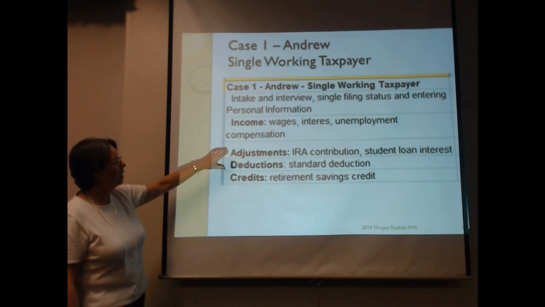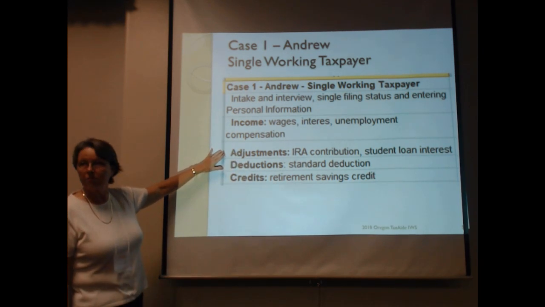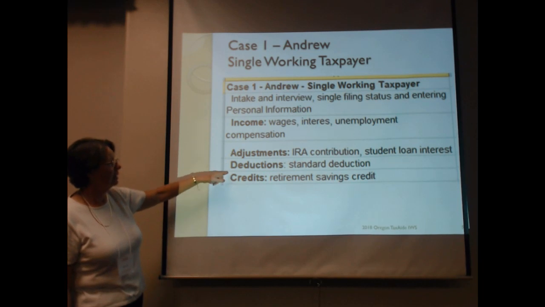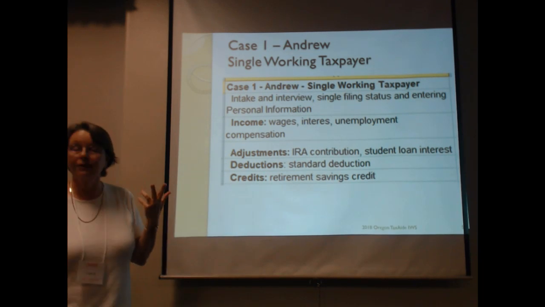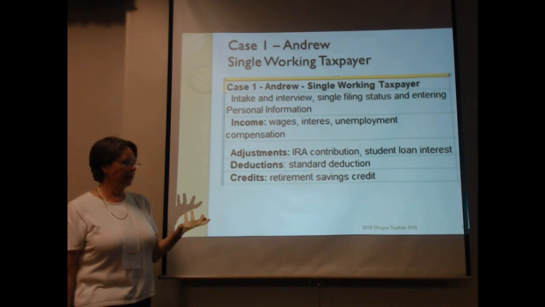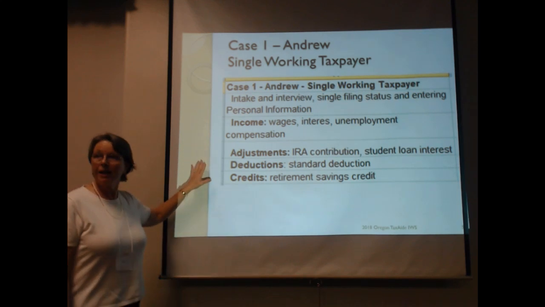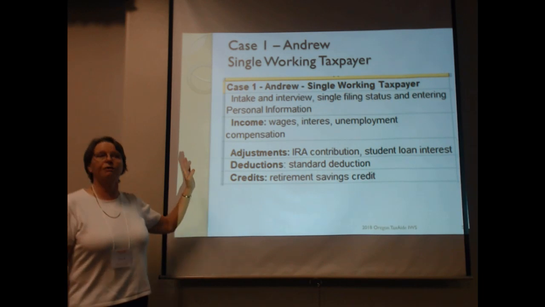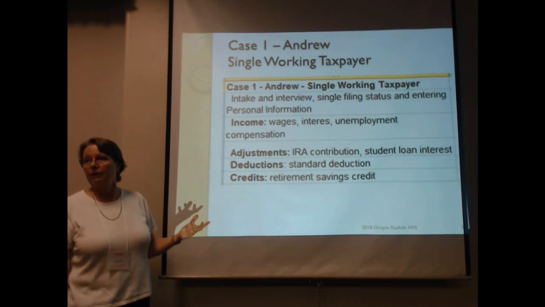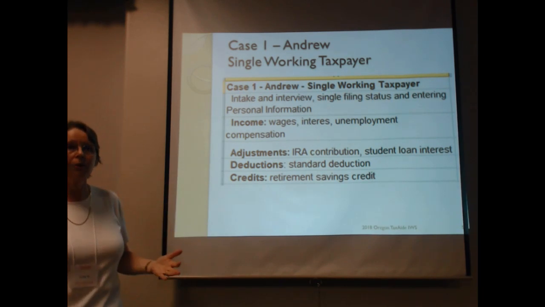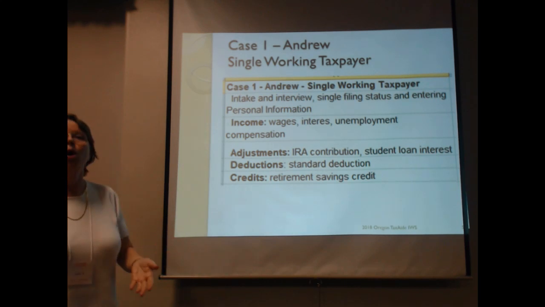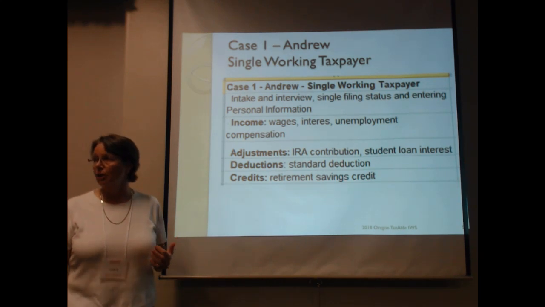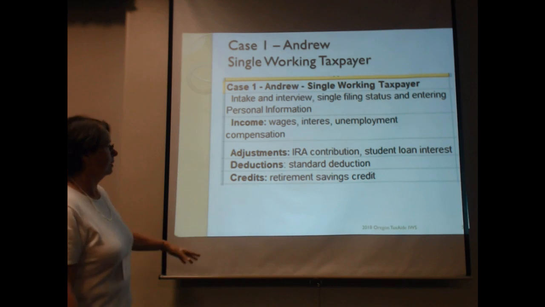Adjustments, we're only going to talk about 2 adjustments on his return. He's going to take the standard deduction because he doesn't have anything. He didn't itemize the year before either. He's a single taxpayer, right? When we get to a more complex one, we're going to have to explain to them why they're not itemizing this year, and they're just going to take the standard.